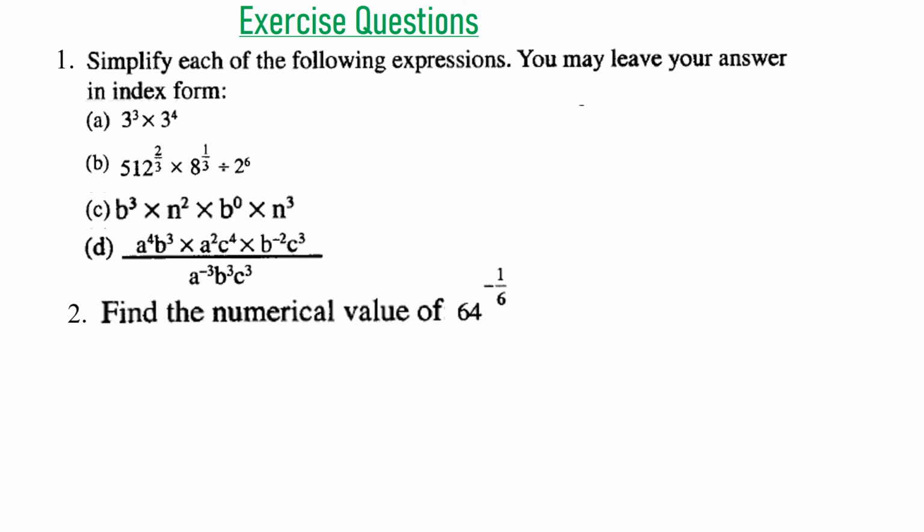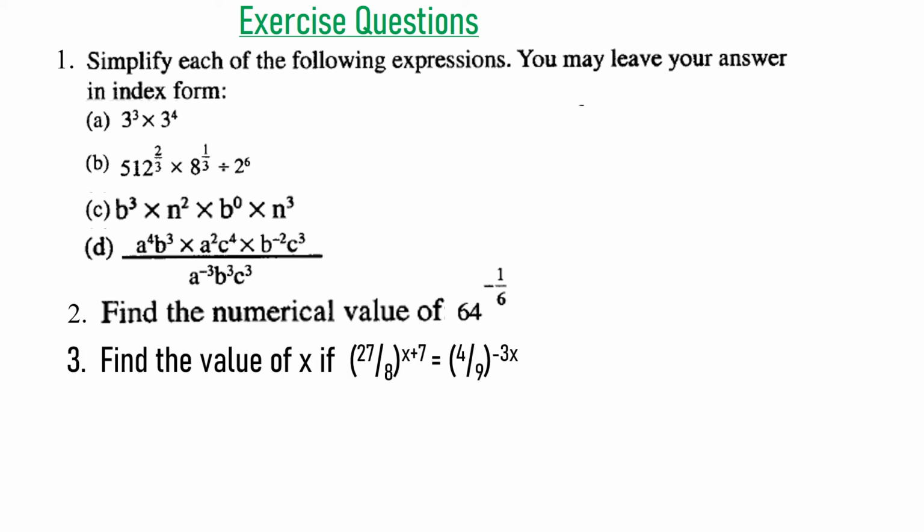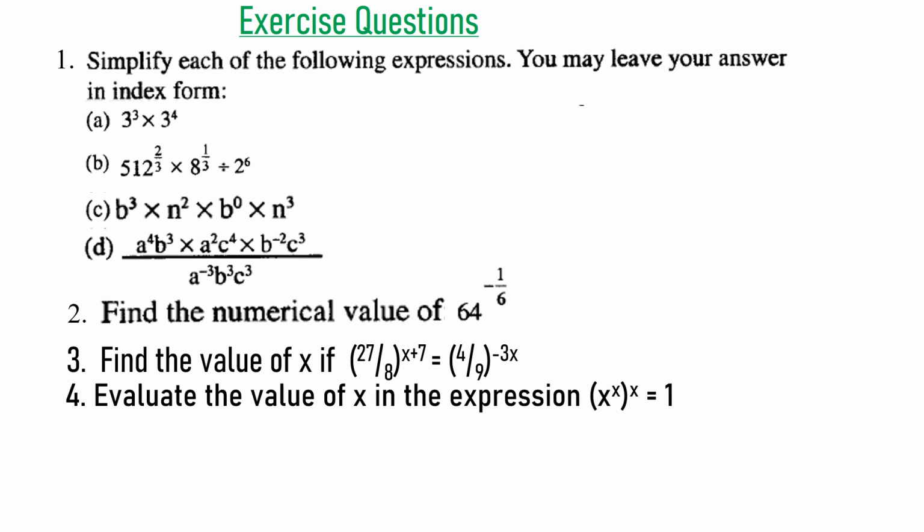Question 2. Find the numerical value of 64 raised to power negative 1 over 6. 3. Find the value of x if 27 over 8 raised to power x plus 7 equals to 4 over 9 raised to power negative 3. Question 4.